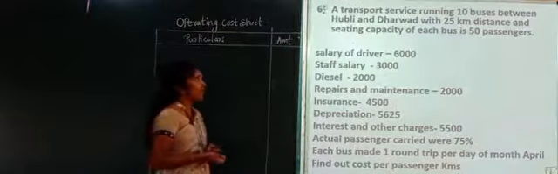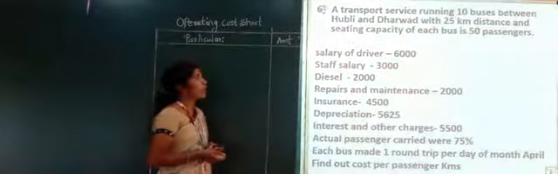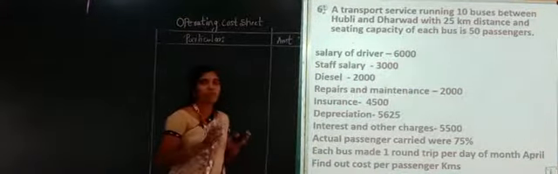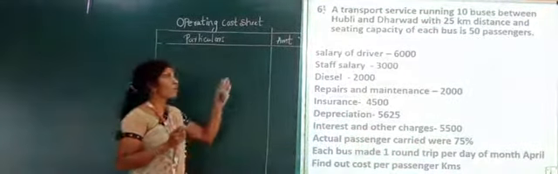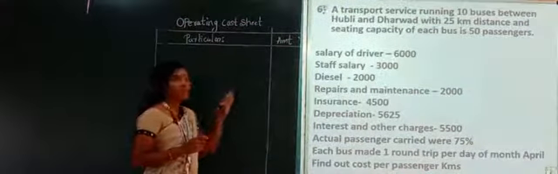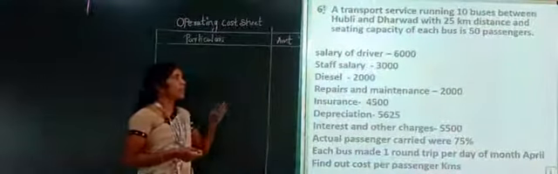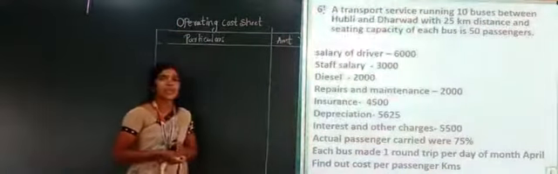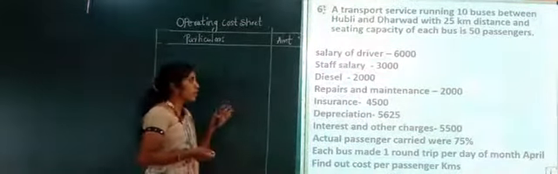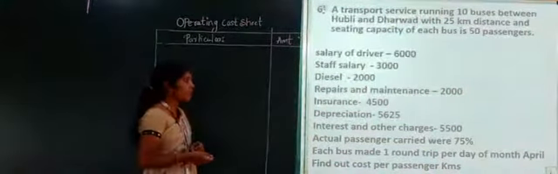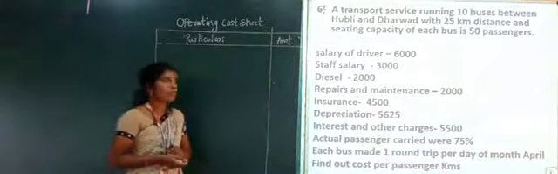A transport service running 10 buses between Hubli and Dharwad with 25 kilometer distance, and the sitting capacity of each bus is 50 passengers. The salary of driver is 6,000, staff salary 3,000, diesel 2,000, repairs and maintenance 2,000, insurance 4,500, depreciation 5,625, interest and other charges 5,500.